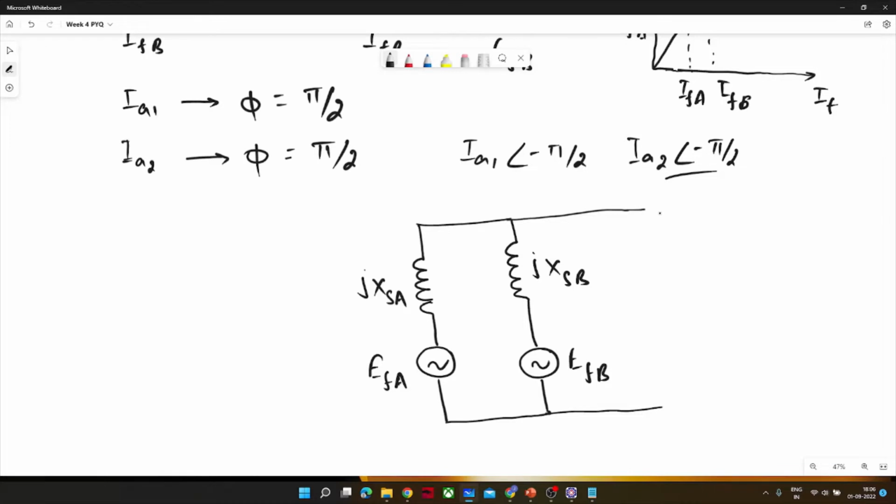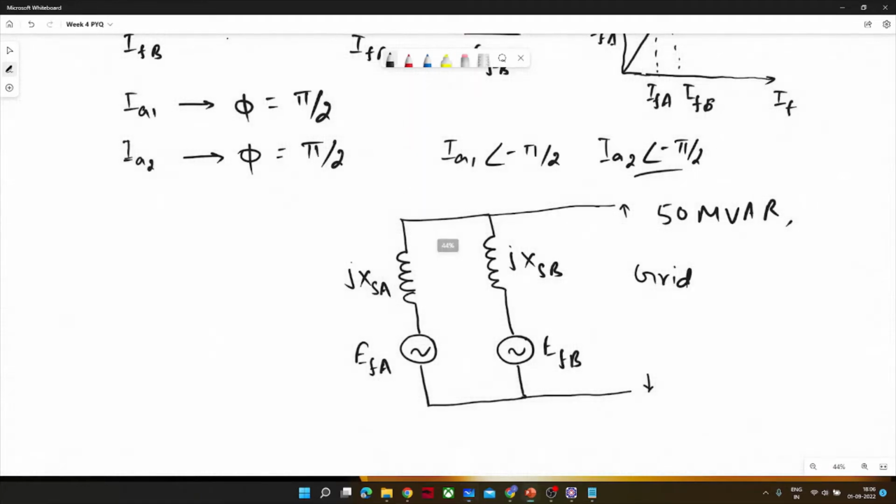So let's say here grid is connected and it is operating at 50 MVAR, and what other statement is there? 50 MVAR, 11 kV.